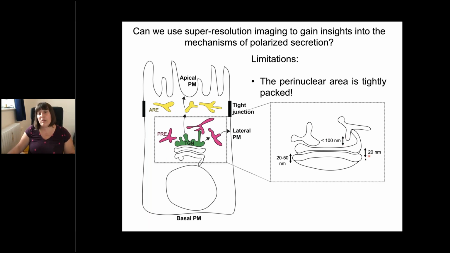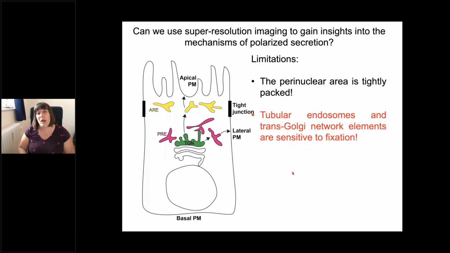And the schematic here stresses again why we need super resolution imaging. These organelles interact with each other, and they are less than 100 nanometers apart. The different Golgi cisternae are around 20 nanometers apart and only a few tens of nanometers in thickness. So this is really why we need super resolution again.